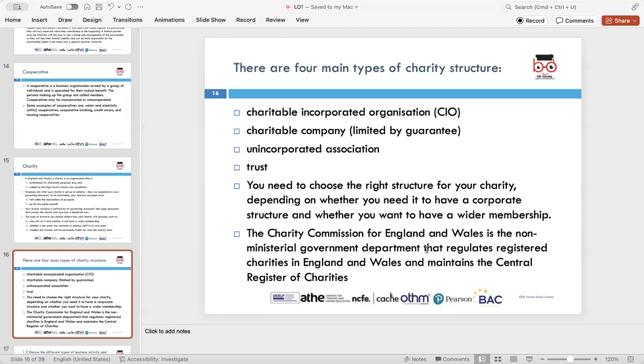Additionally, it is responsible for maintaining the central register for charities.